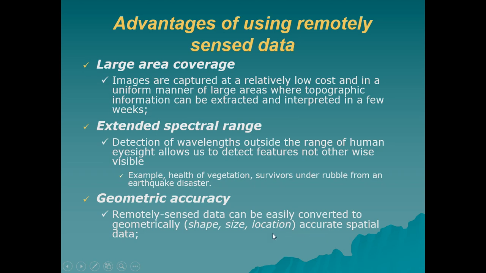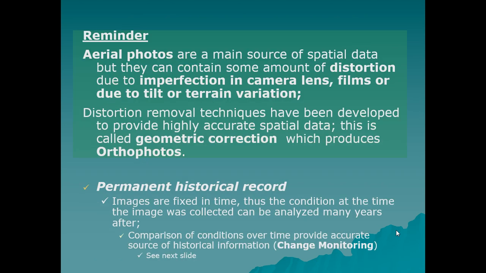When you capture information with satellite imagery, it automatically gives you geometrically correct data. With aerial photos, you have some work to do first. Remember, you have to georeference as well as remove distortions to get orthophotos. Alright, so this is just a reminder for you. When you look at the PDF of the same document, you'd be able to review this reminder note.